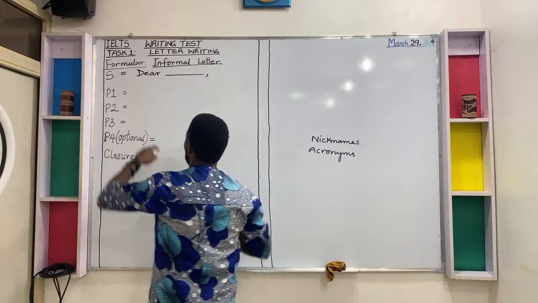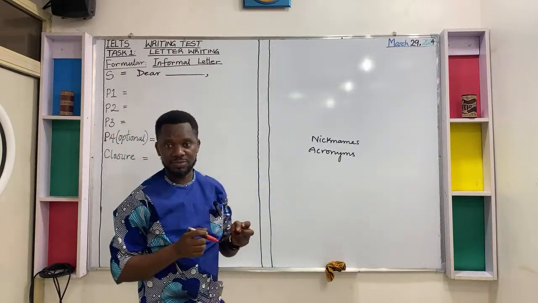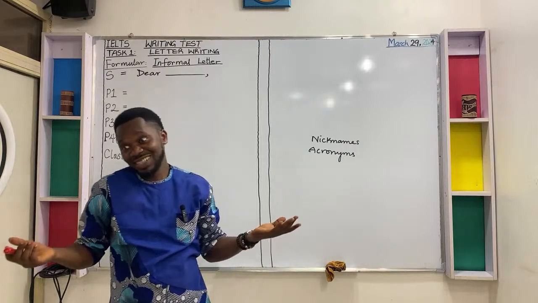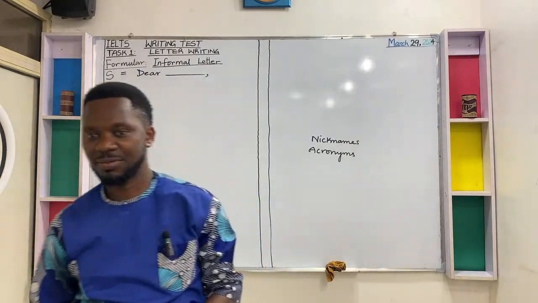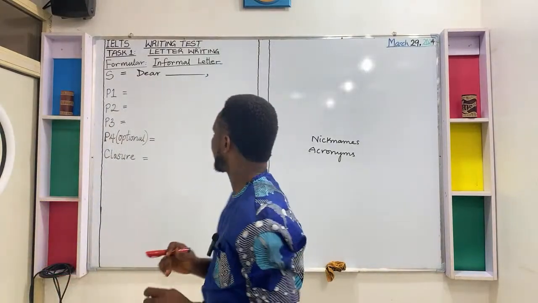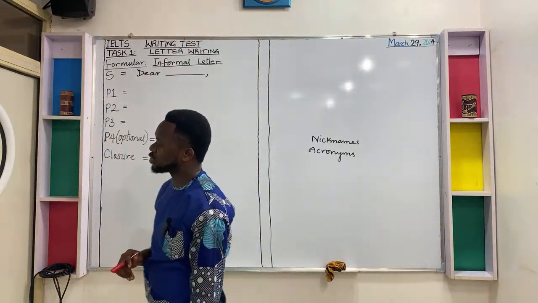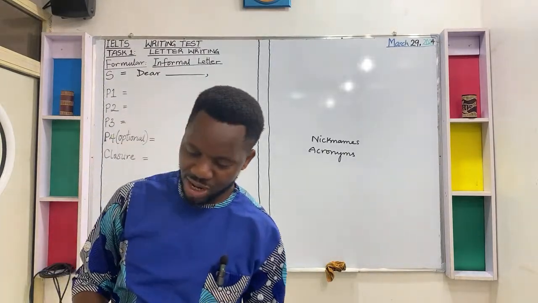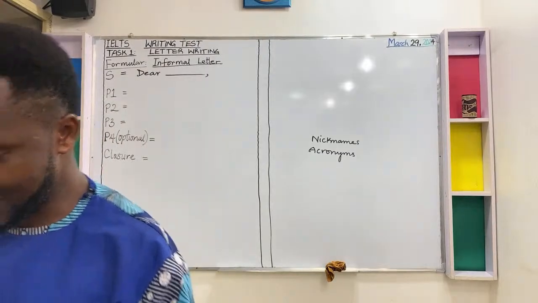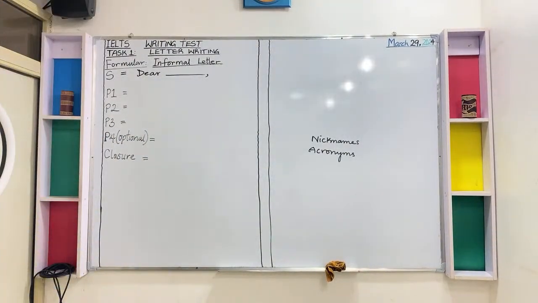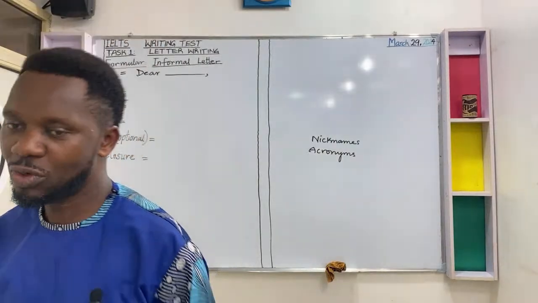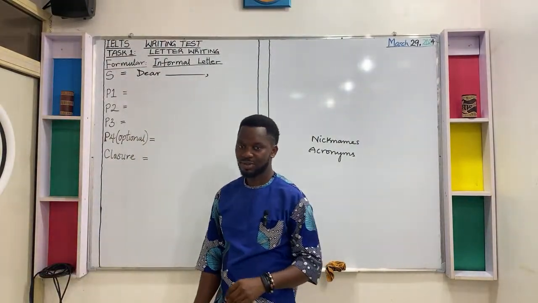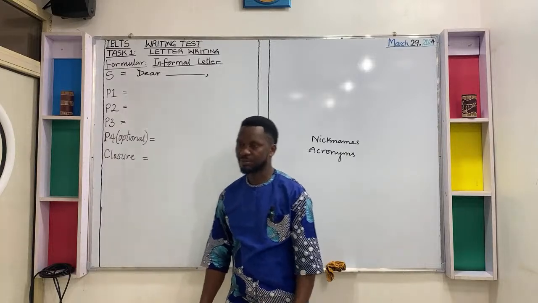So your salutation, dear Kozo, dear Kozi, however you express yourself is allowed. But when you are referring to someone in an informal letter, try to address the person by a name. Cousin is a general name for someone who is related to you through your brother or your sister, right? Give the name better.